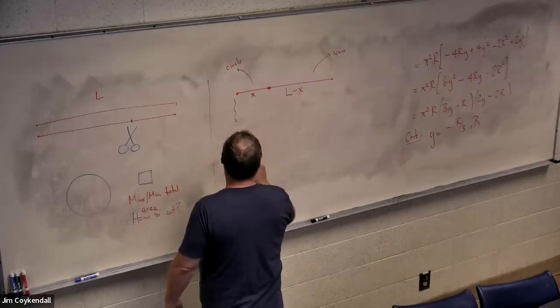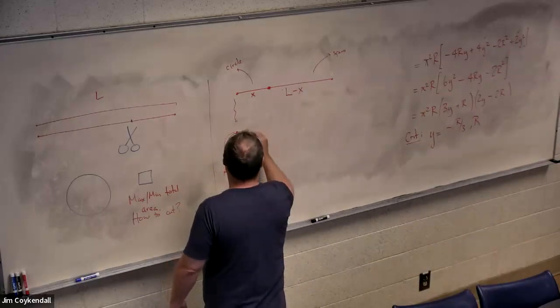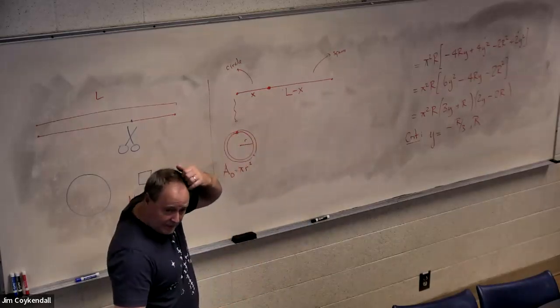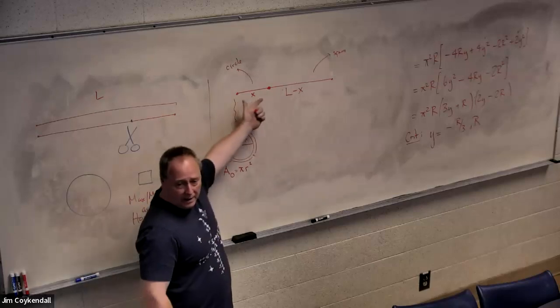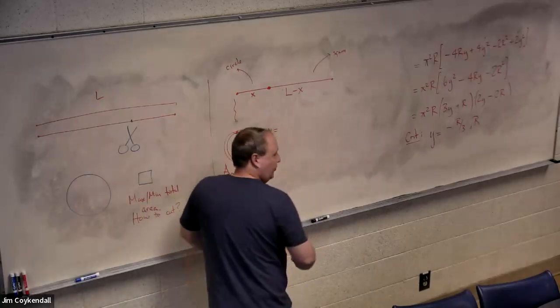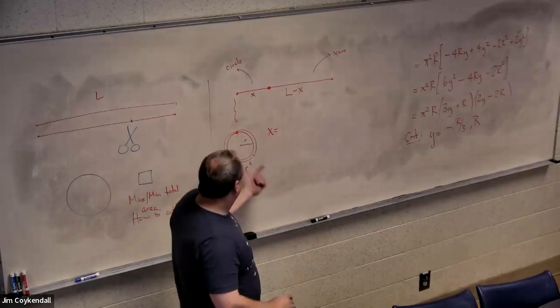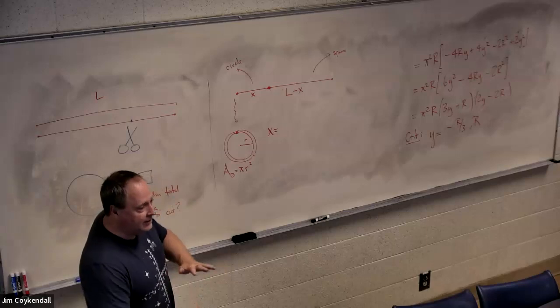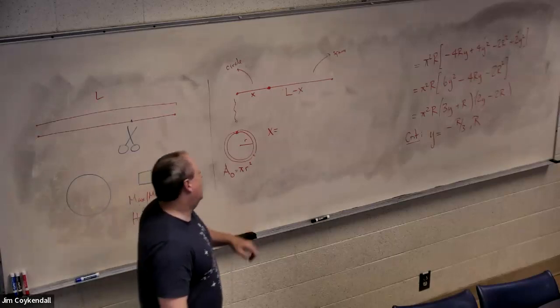The length all the way around this thing is X. Everybody agree with that? Because that's the length of the wire that I cut off. And this X, which is the trip around the circle, is the circumference of the circle. Remind me what the circumference of the circle is. 2 pi r.